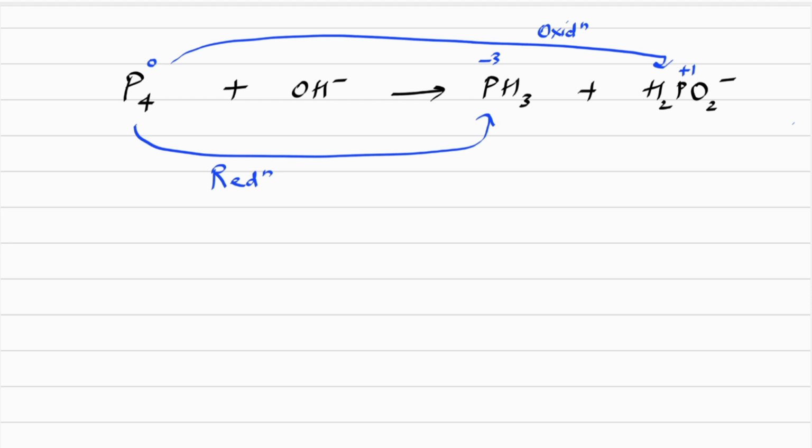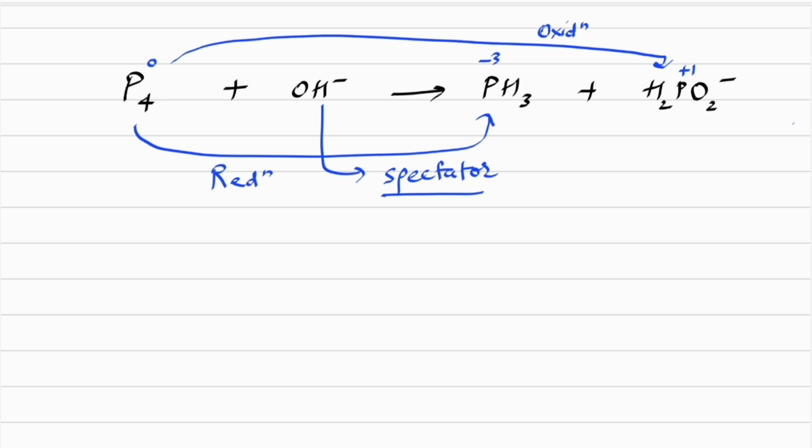What about hydroxide? Now this, we can call a spectator ion. Why spectator ion? Because it's not taking part in the reaction. It's not part of oxidation half reaction. It's not part of reduction half reaction. You can check out the oxidation numbers of oxygen and hydrogen in hydroxide ion.